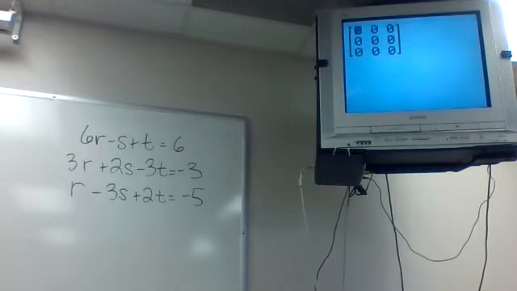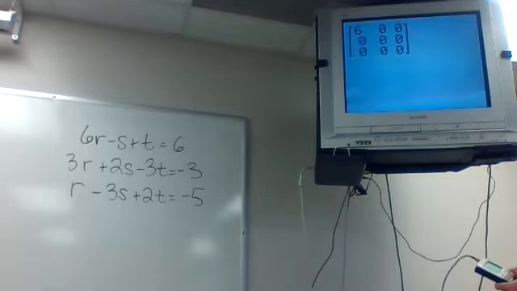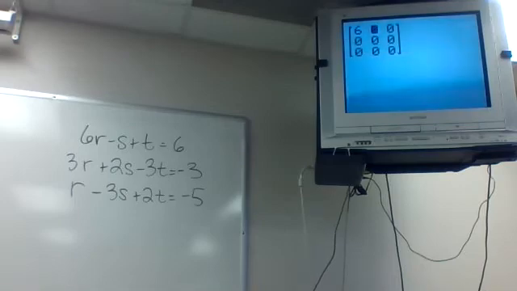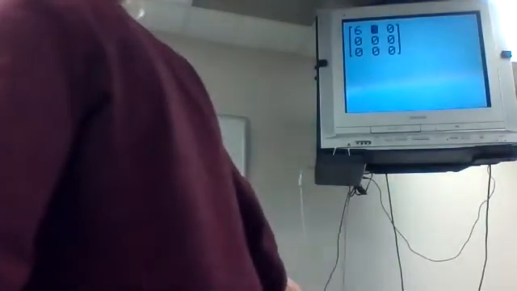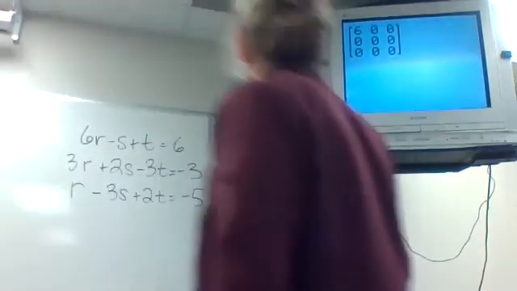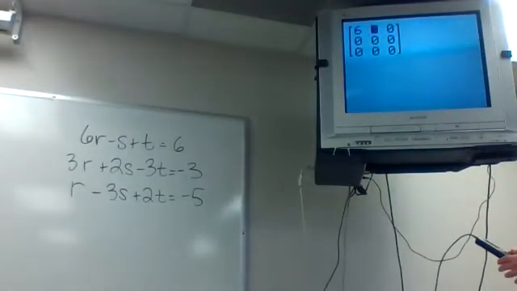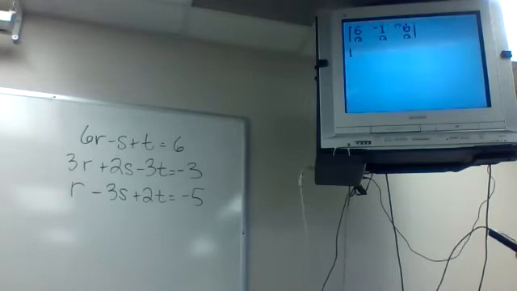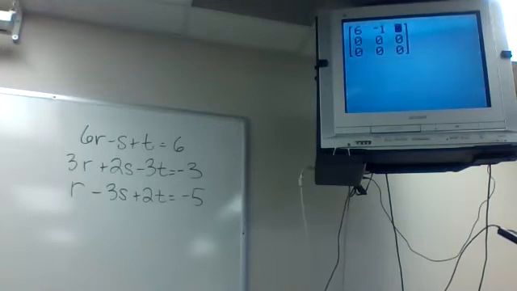And then enter your numbers. Instead of hitting enter after each number, we're going to hit the arrow key. So I need 6, alpha zoom. So 6, arrow to the right, -1, arrow to the right, +1.